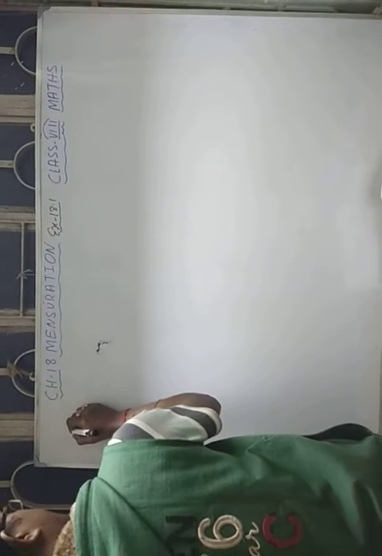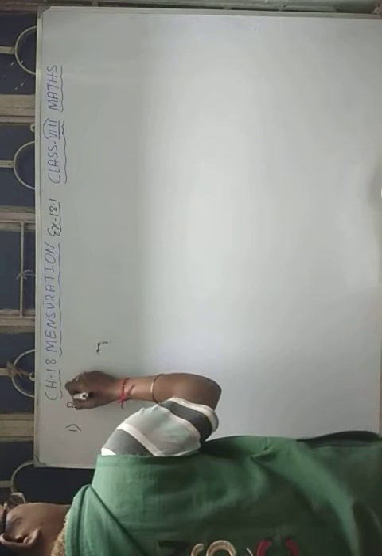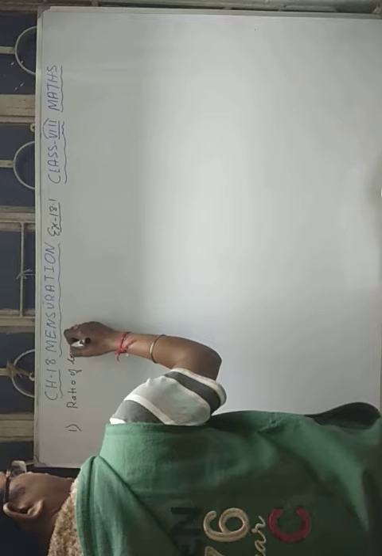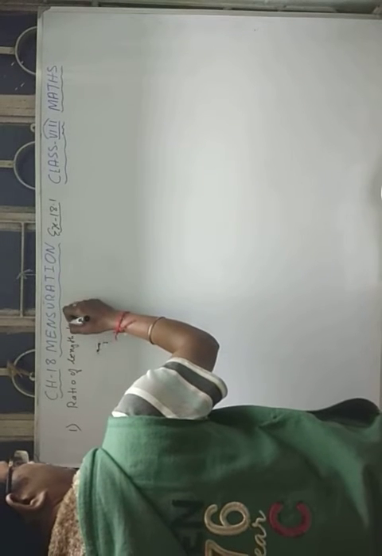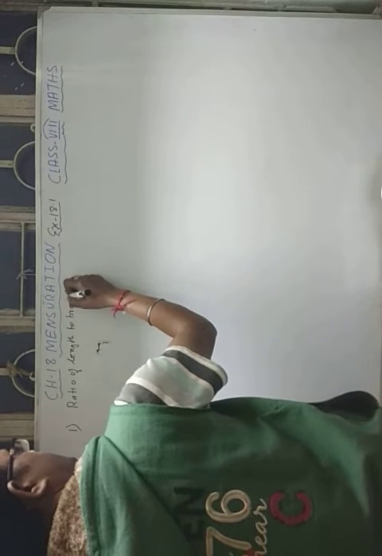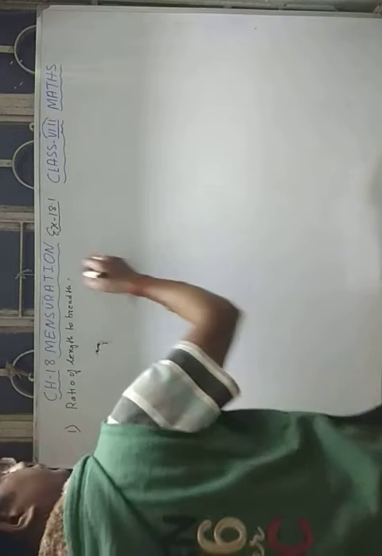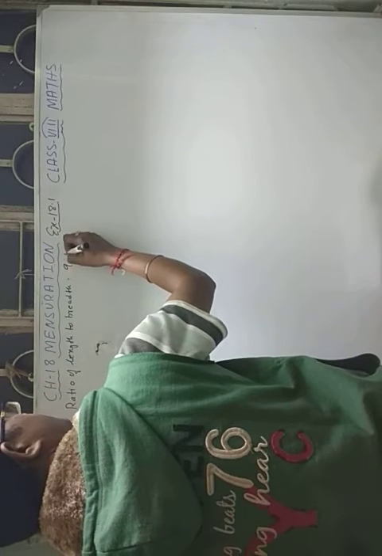The question we are doing here is question number 1. So the ratio of length to breadth is given as 9:5.